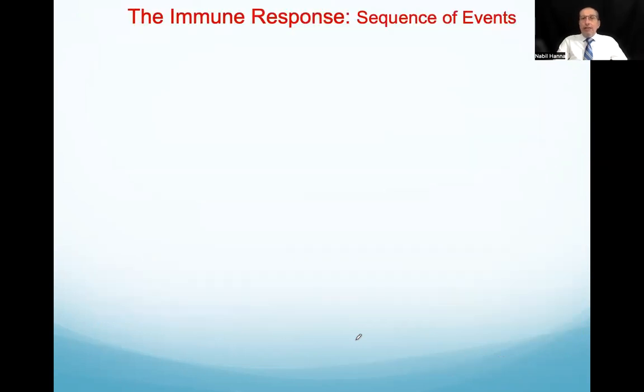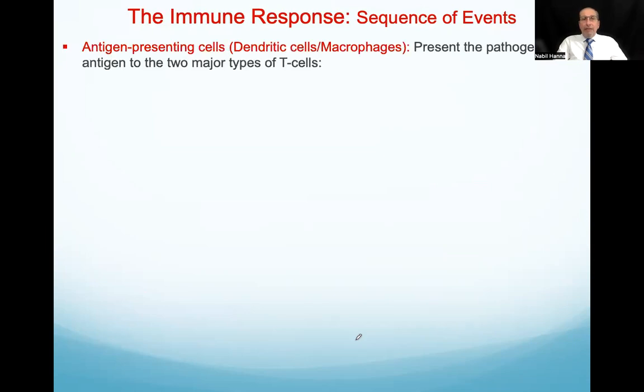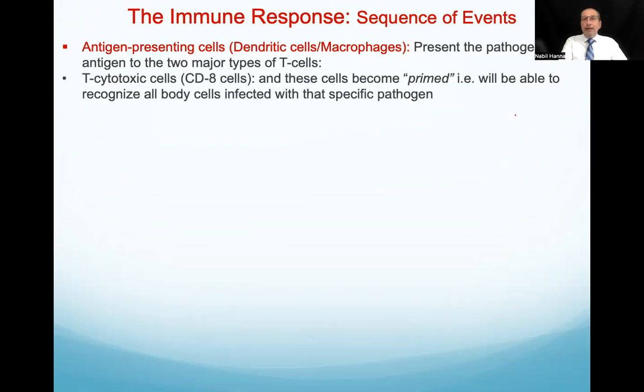So what is the sequence of events in the immune response? It starts with antigen-presenting cells, dendritic cells and macrophages, that present the pathogen's antigen to the two major types of T cells. They present it to the T cytotoxic, and the T cytotoxic, once they identify the pathogen, become primed.